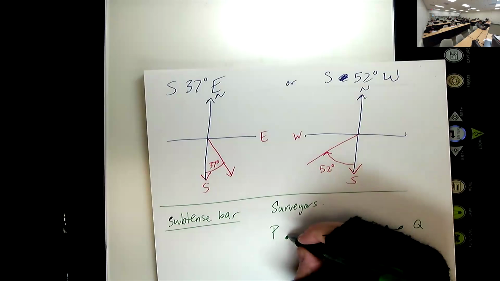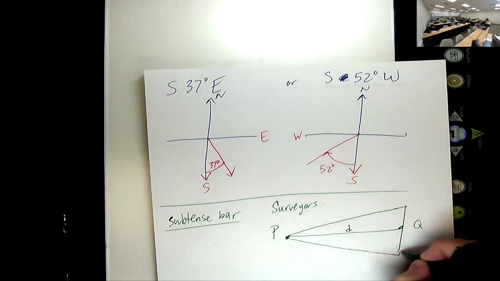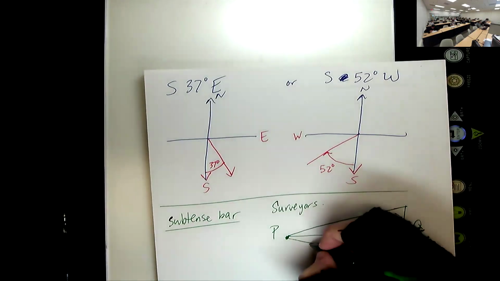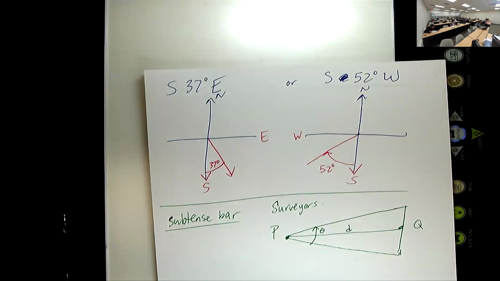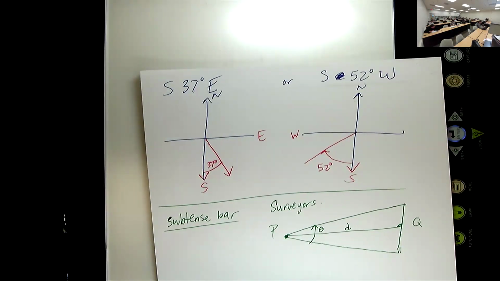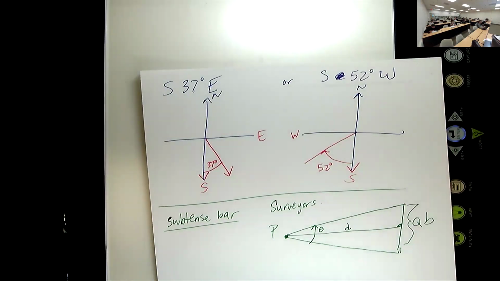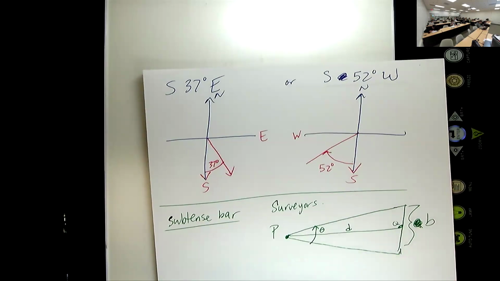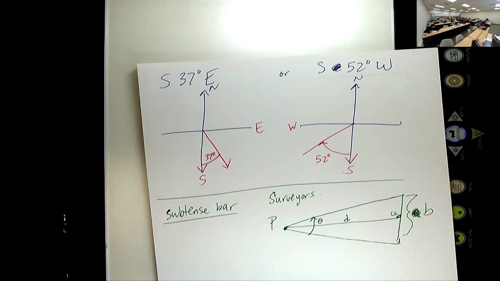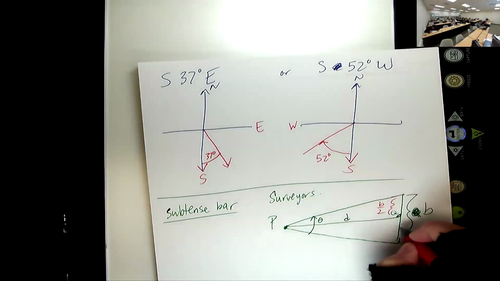And they can measure the angle. They can measure this full angle right here as theta. And they can tell the height over here is B. Put the Q right here to represent Q. Which means this half here is B over 2, this half here is B over 2.